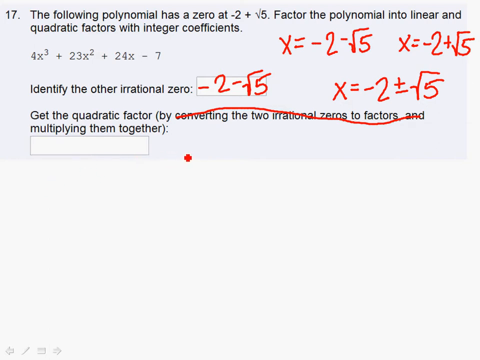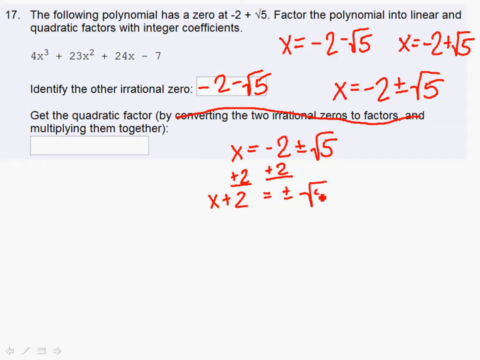So if we have x equaling negative 2 plus or minus the square root of 5, working backwards, we're going to add 2 to both sides. That gives us x plus 2 equaling plus or minus the square root of 5.